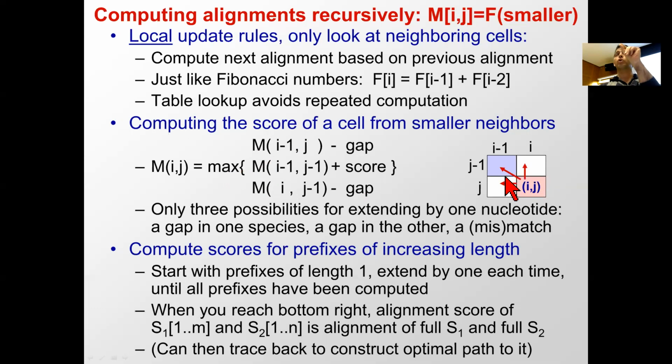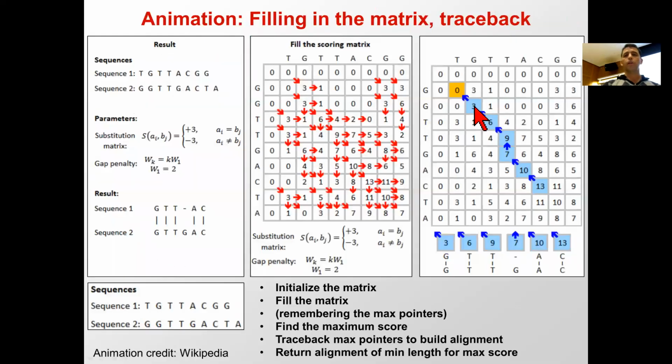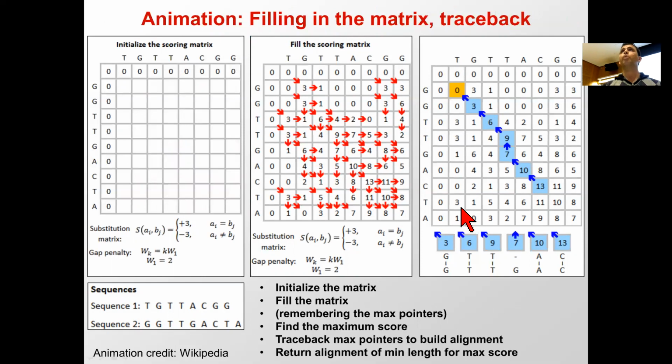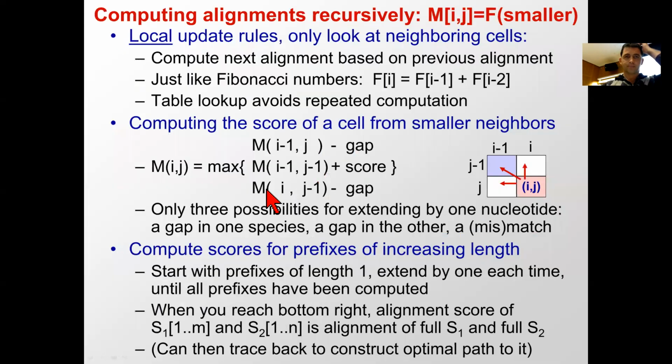This is a local choice, not yet a global choice, because I don't actually know that I'm going to go through this entry. So I can't just say, oh, I got the best alignment here. This entry just might never be part of the best solution. Whereas these entries are part of the best solution. All of those, I computed them, but they're not part of the optimal solution. The path does not go through there, okay?